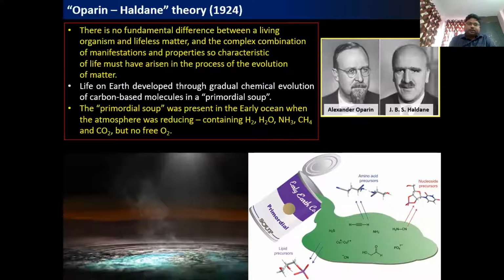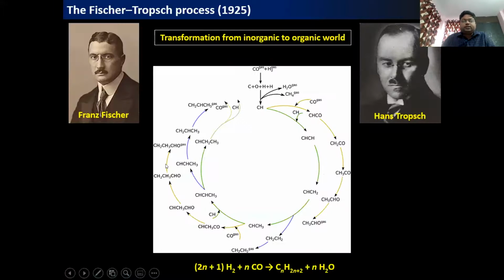Now, after this theory in 1924, in the very next year, came one remarkable experiment by two German chemists, Fischer and Tropsch. And you don't have to go through this long cycle.